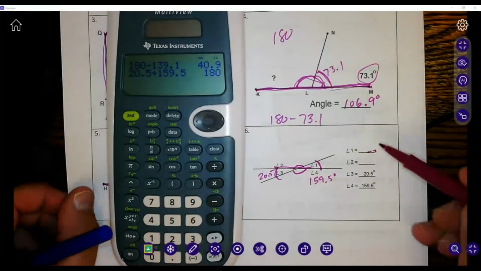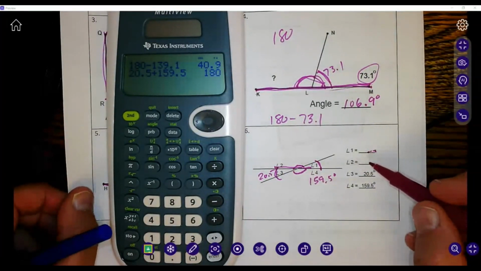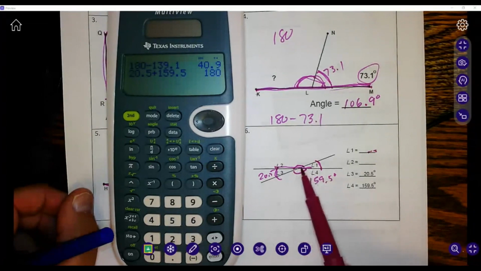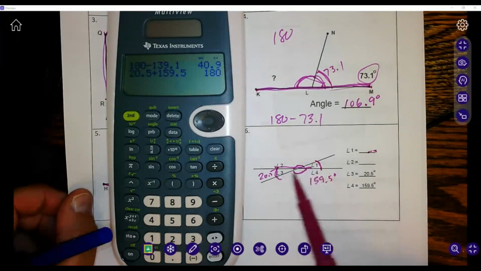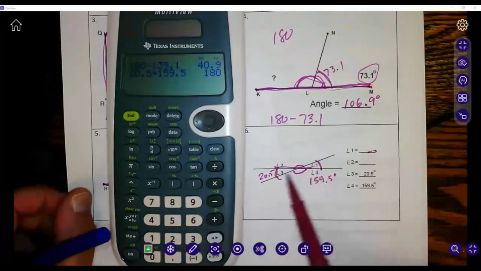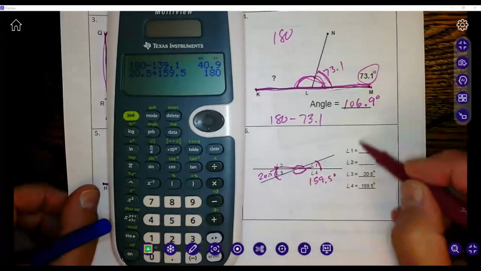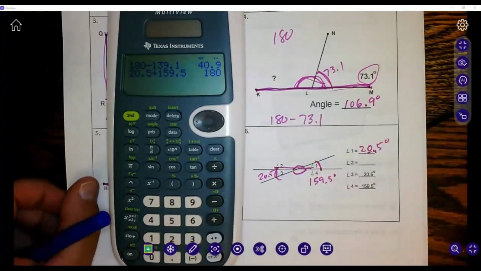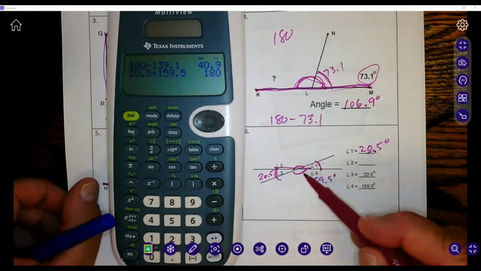Okay, we're looking for angle 1. So look at our diagram. Angle 1 is vertical to angle 3. So angle 1 is 20.5 degrees. What is angle 2?